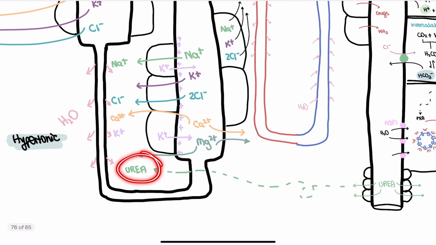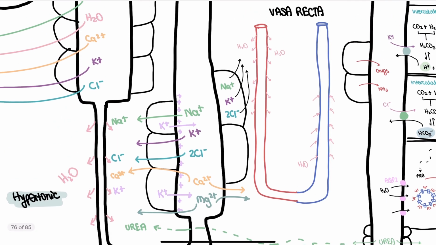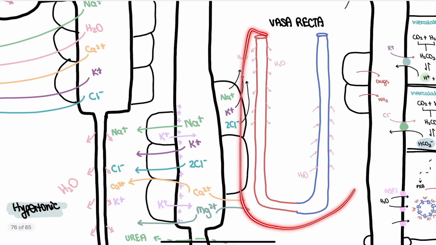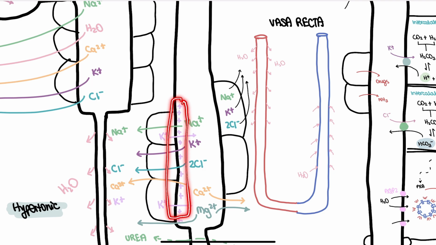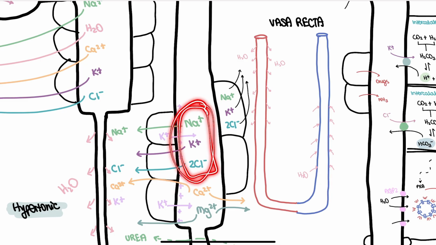And this helps to excrete more water, essentially. We also have this blood supply here called the vasa recta. So if this is too positive due to the ROMK channels, some of these ions get excreted out into this bloodstream.